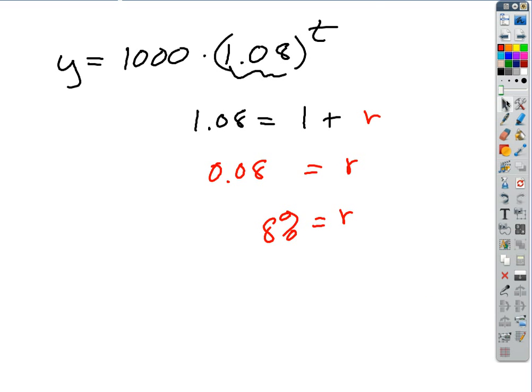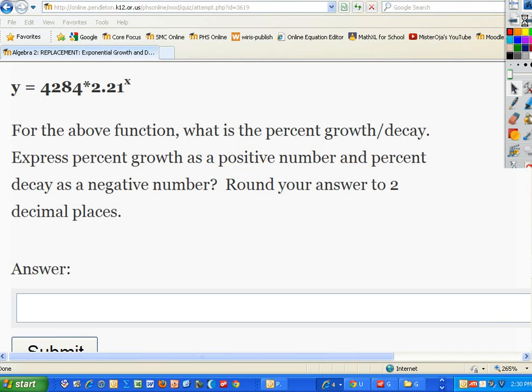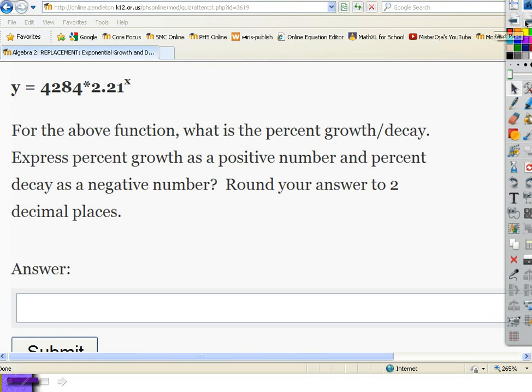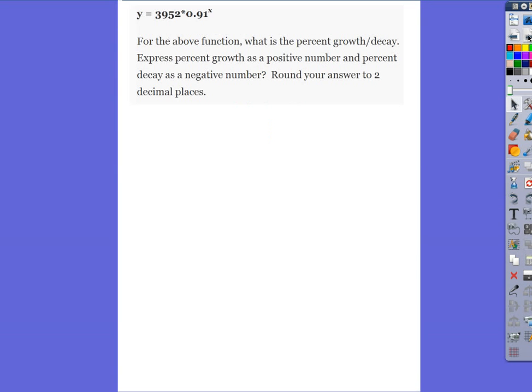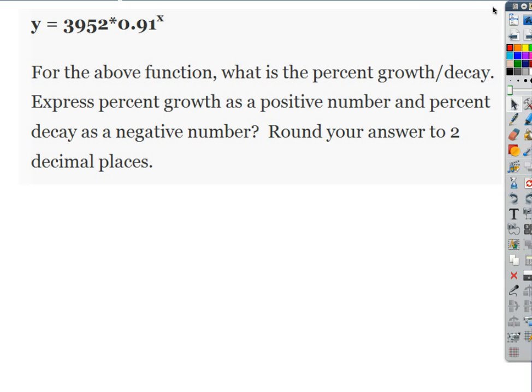Now what about this one? I want to know what's the percent growth or decay here.